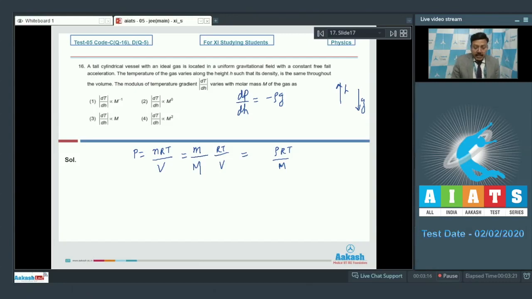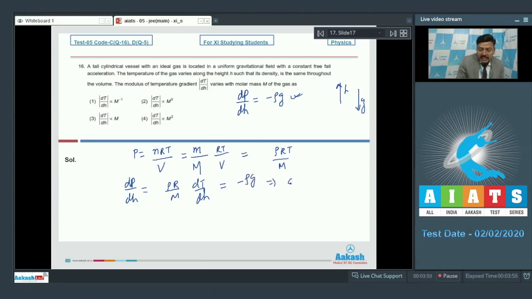Now we can differentiate both sides with respect to h. So it gives us that dP by dh will be equal to, we can see that rho, R and capital M are going to be constants, so rho R by capital M into dT by dh. And dP by dh we saw from the equation taken from fluids is equal to minus rho g.